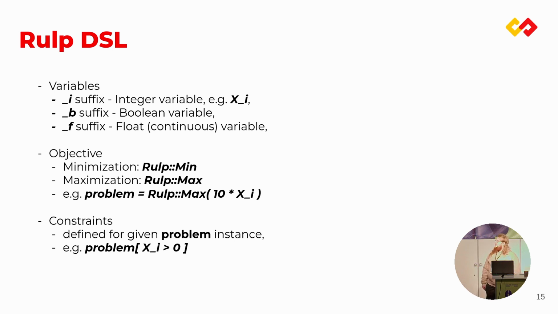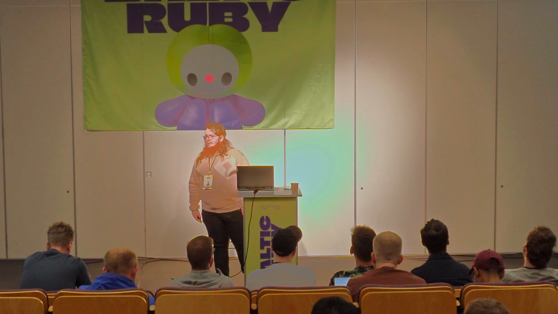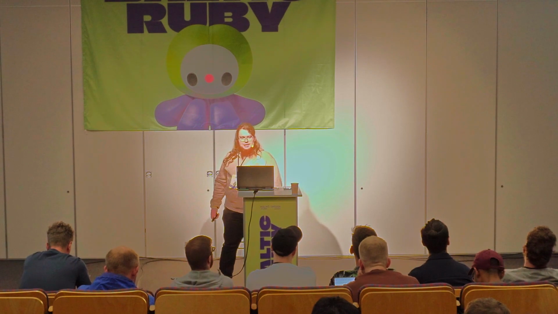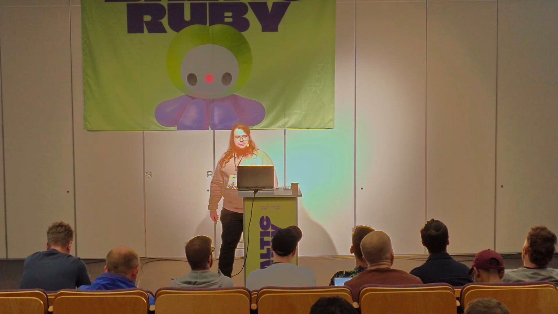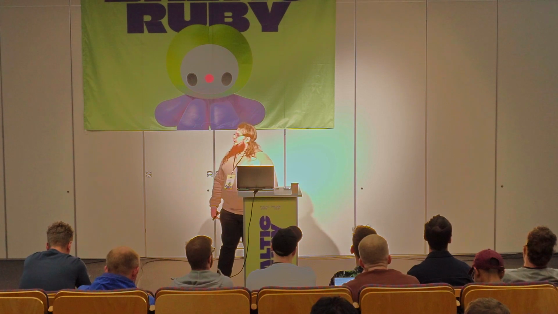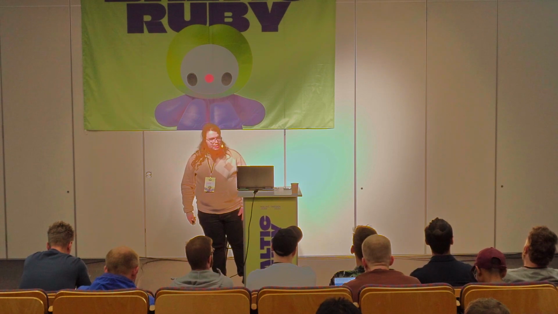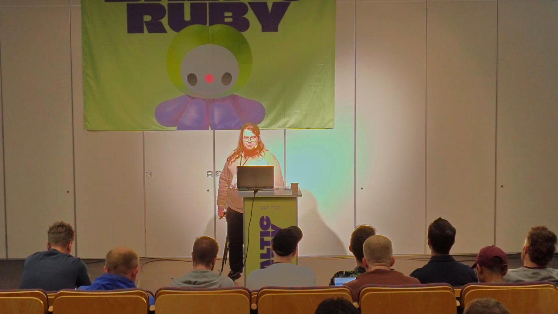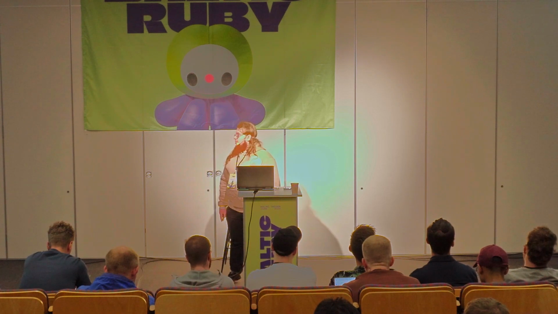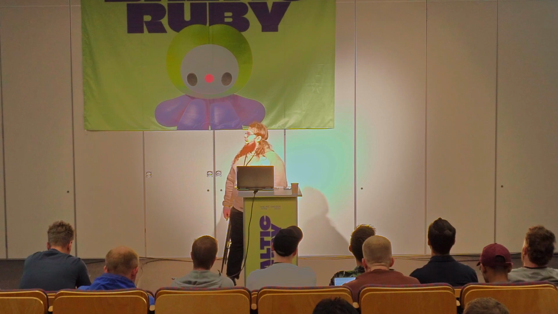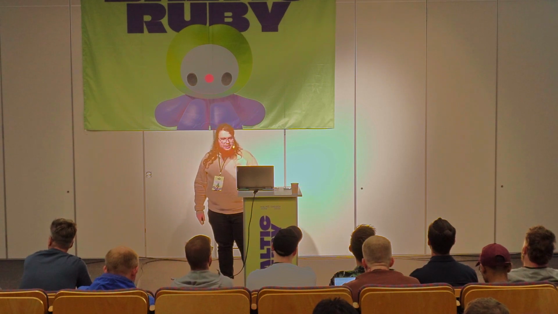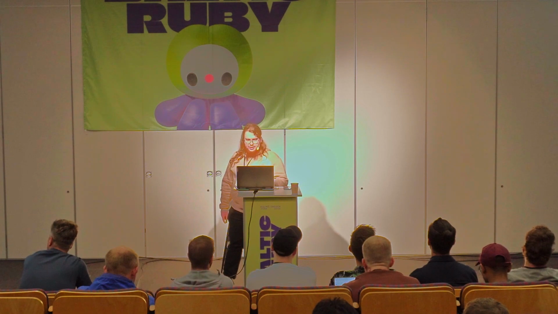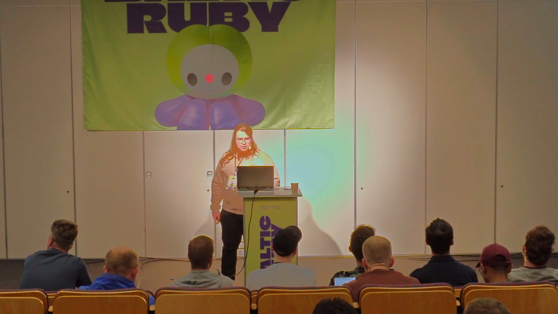For an integer one, you use a certain suffix, and for a Boolean variable it's b, etc. We need to select the proper objective type. We want to either minimize or maximize our problem, and we need to set our objective when defining the problem.